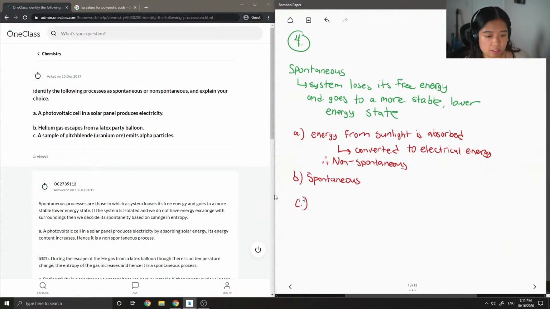And the next one is a sample of pitchblende uranium ore emits alpha particles. So this is a radioactive example. And typically the particles are removed, they're emitted spontaneously.